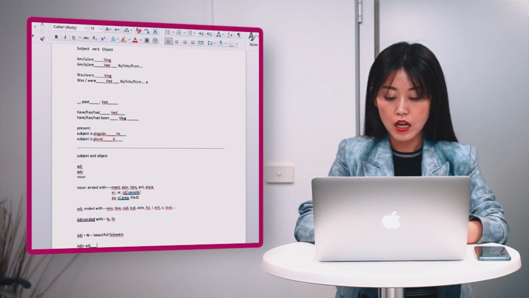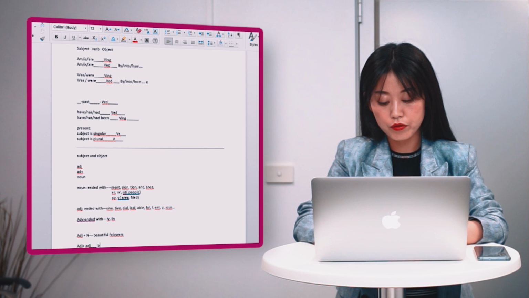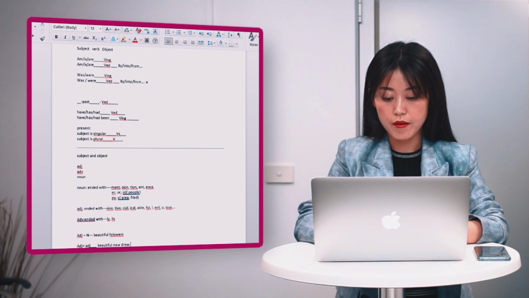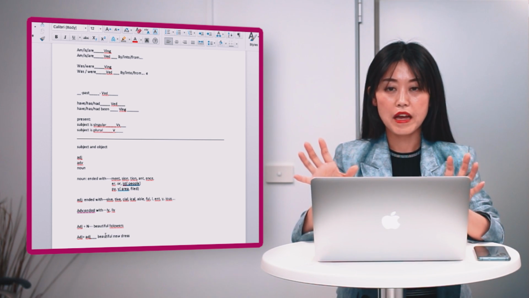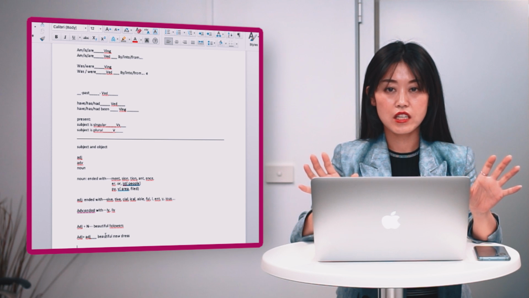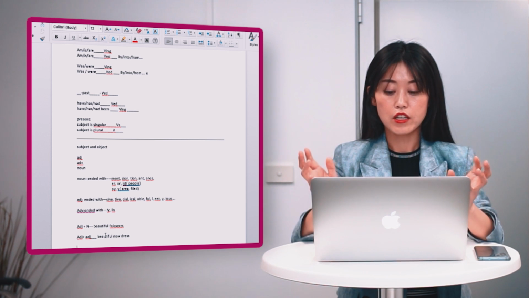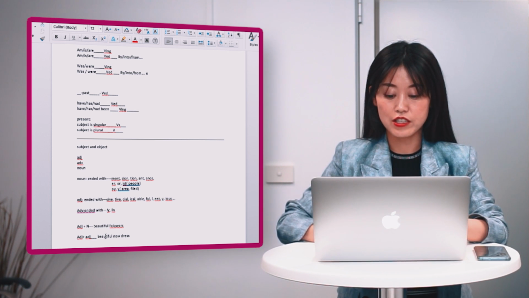So for example, beautiful new dress. This is a case where you might have a blank in between an adjective and a noun. In the middle, you are looking for another adjective.